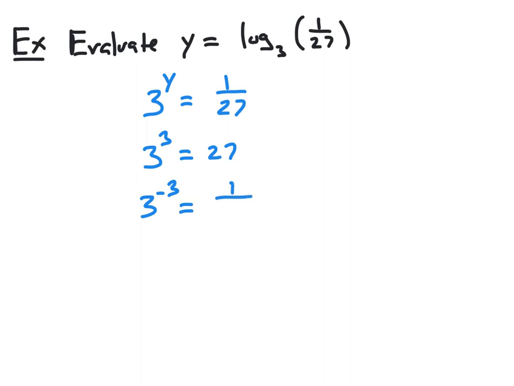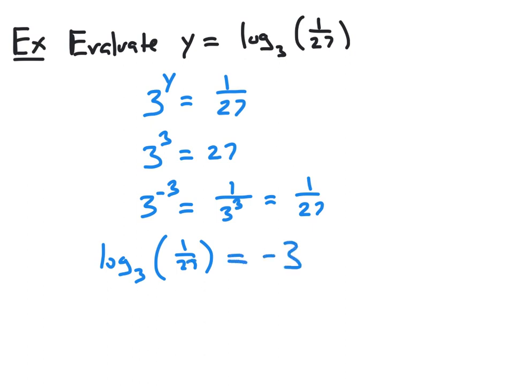To evaluate the negative part first would be 1 over 3 to the positive third power. So 1 over 3 cubed, and 3 cubed is 27. So we see here that 3 to the negative third power is 1 over 27. And so this tells us that log base 3 of 1 over 27 is going to equal negative 3.